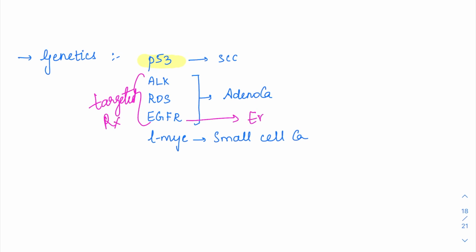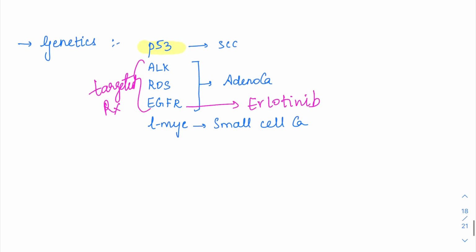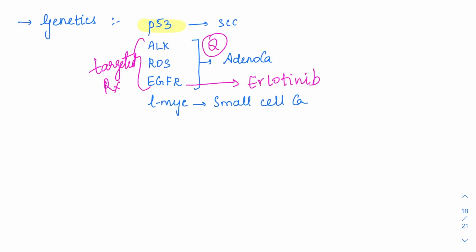For EGFR, erlotinib is a drug which can be used for treating adenocarcinomas. ALK, ROS and EGFR are the genes involved in adenocarcinoma, and we always test for these three genes because we have targeted therapies for them.